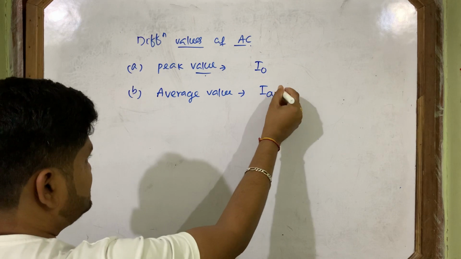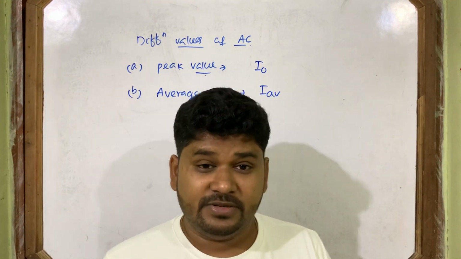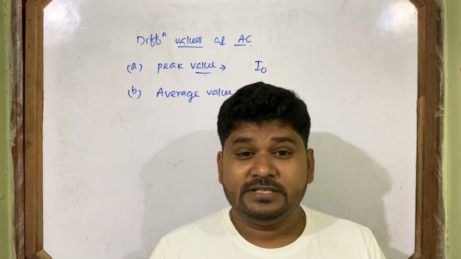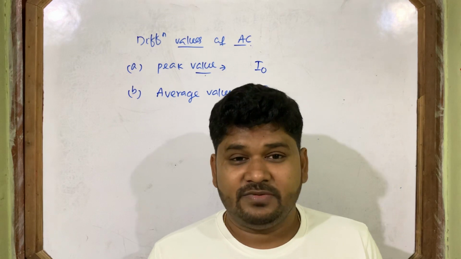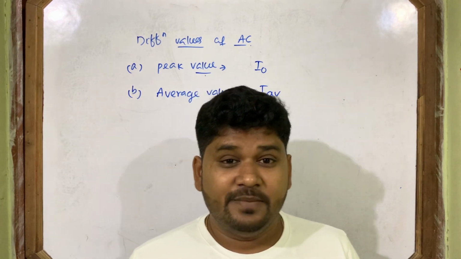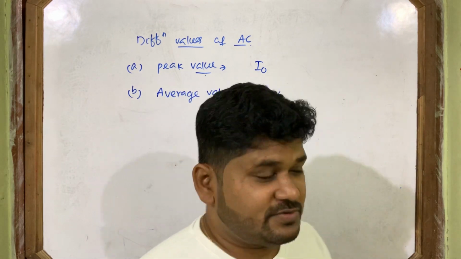I average, the average value of alternating current. But what is the definition of average value? It's just the usual definition of average: the mean of different instantaneous values.